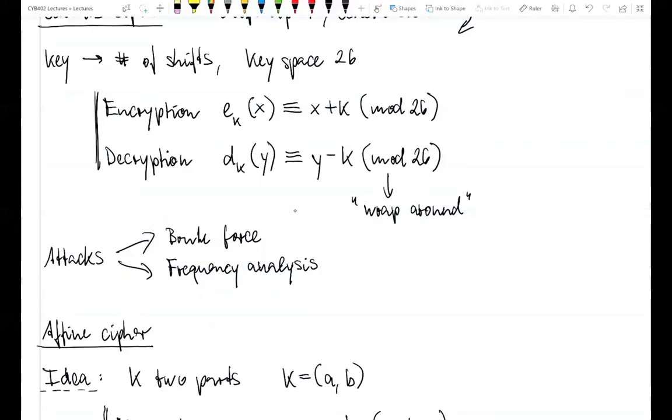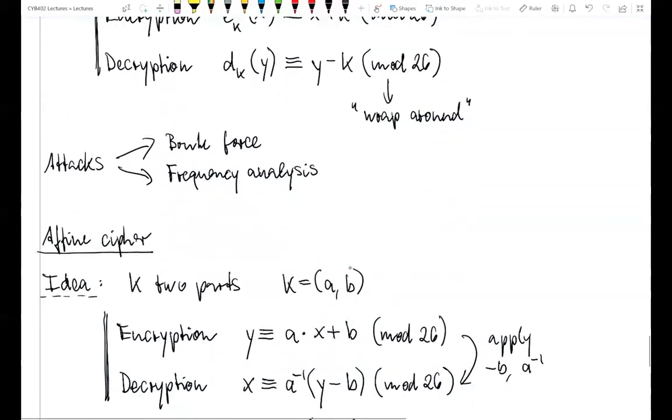And the other one is frequency analysis. The frequencies of the letters are not really changed. The same letter is always going to be encrypted with the same cipher letter. So we can apply frequency analysis.